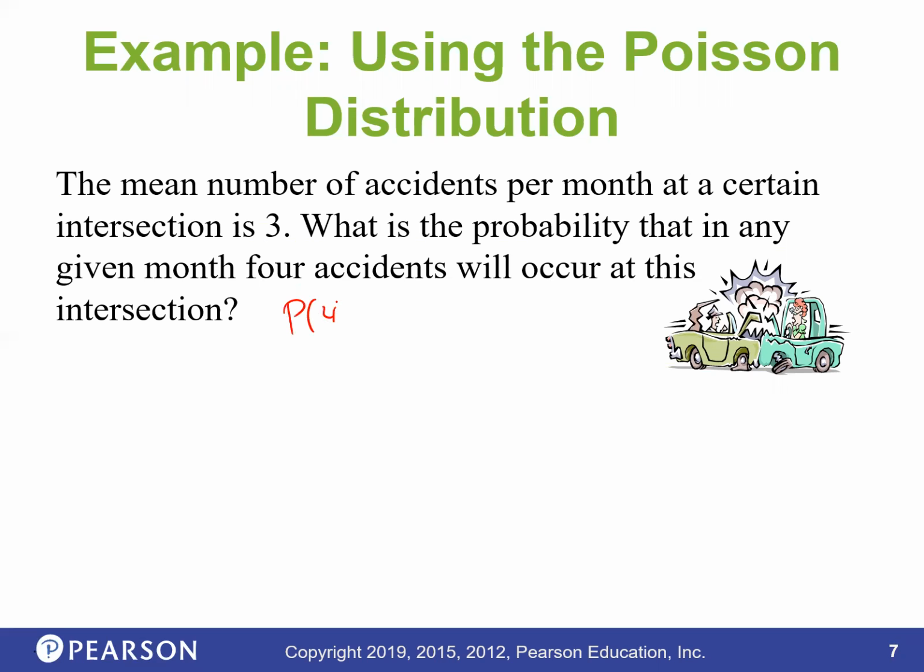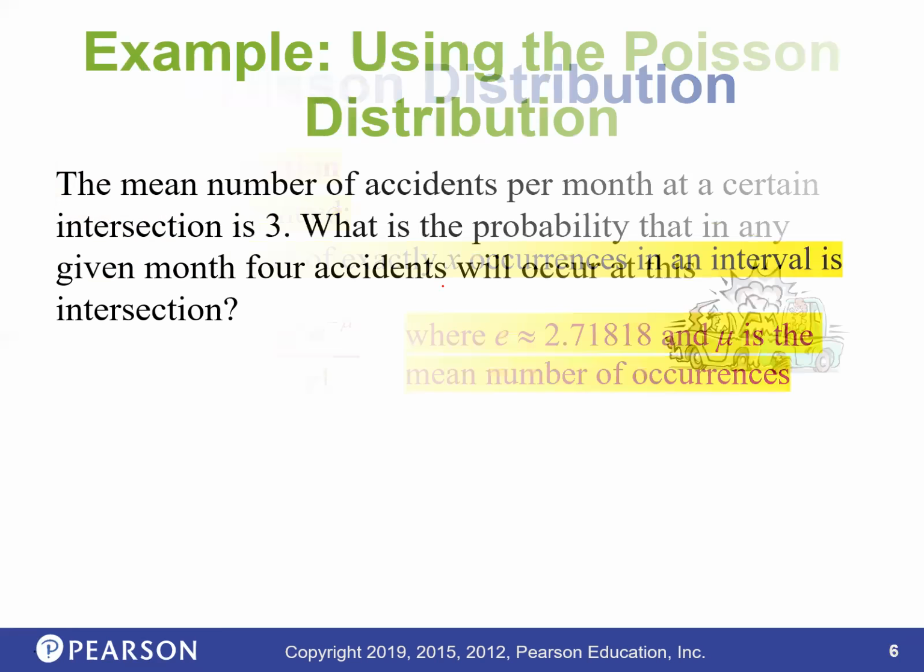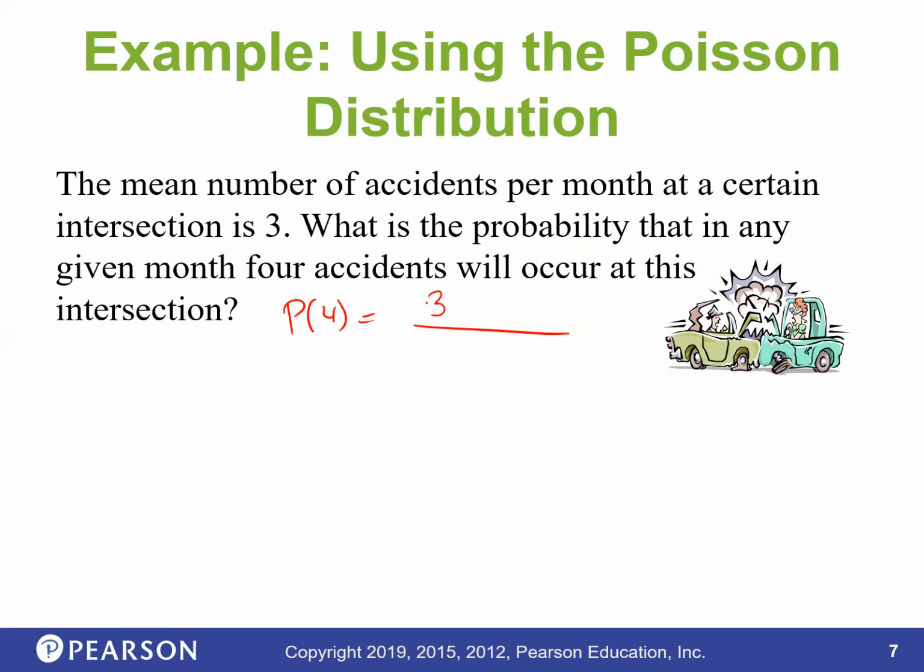Formula. Here we go. So my mu is the average. Let's write that over here. The 2 things I just need to know for my information are 3 and 4.